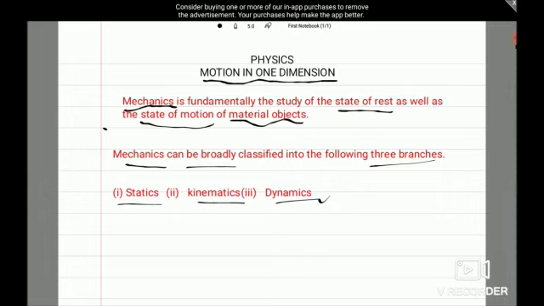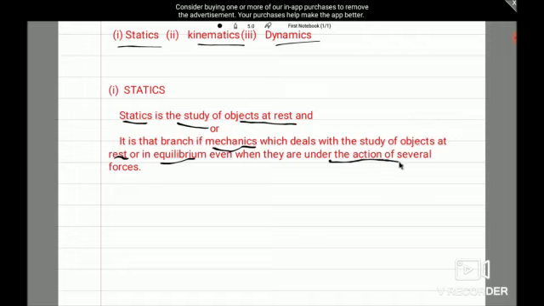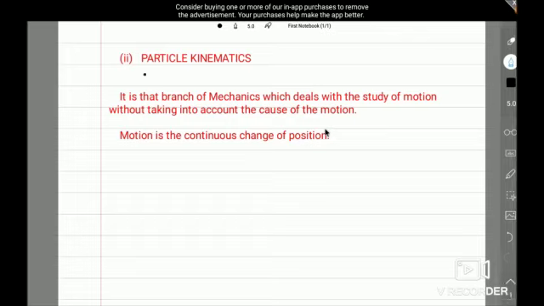When an object is at rest, it does not mean that there is no force applied on that object. It means forces are applied on the object, but still the object is at rest. It means the net force on the object is zero. That's why the object is in equilibrium.